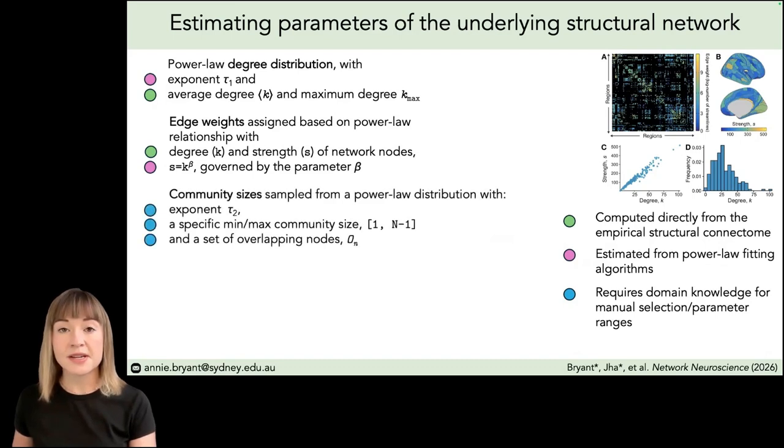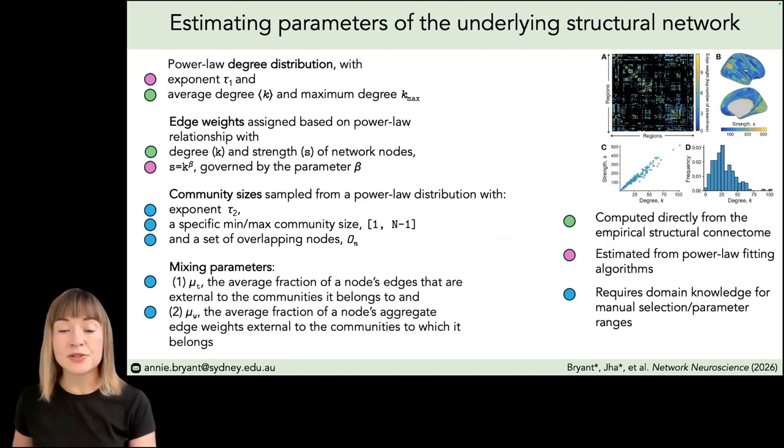Community sizes are sampled from a second power law distribution with scaling exponent tau sub 2, with manually specified minimum and maximum community sizes and parameters governing the number of overlapping nodes. And finally, two mixing parameters are sampled. Mu sub t controls the fraction of a node's connections outside its community, while mu sub w controls the fraction of its total edge weight external to its community.